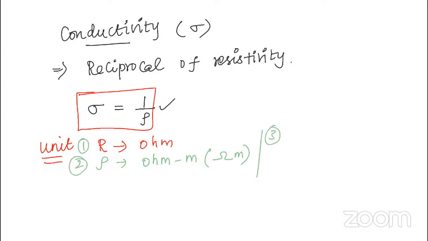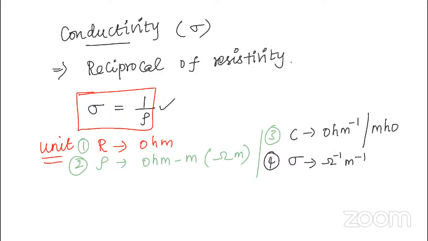Here the conductance C: what is its value? It is the inverse, that is ohm inverse, which we can write as mho. Write it exactly like that. And for sigma, it is ohm inverse meter inverse, which we can write as mho meter inverse. So these are the four important units.